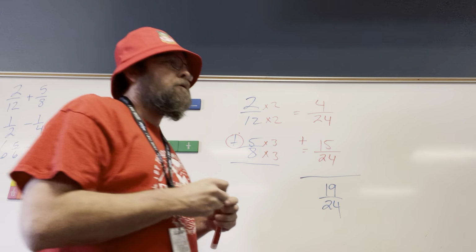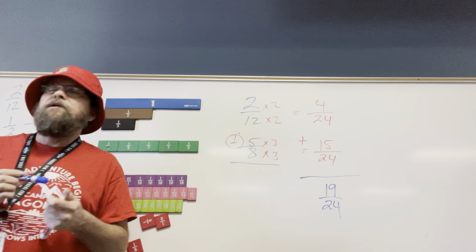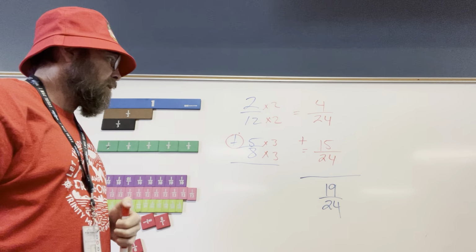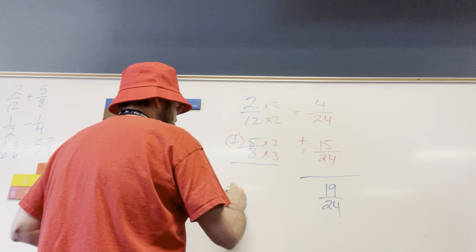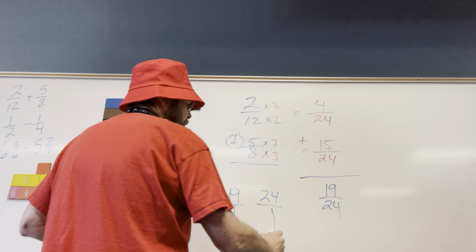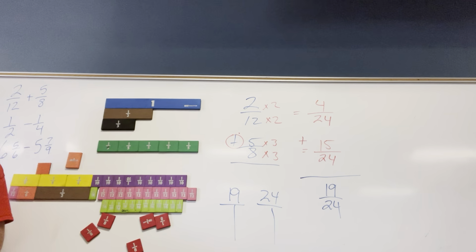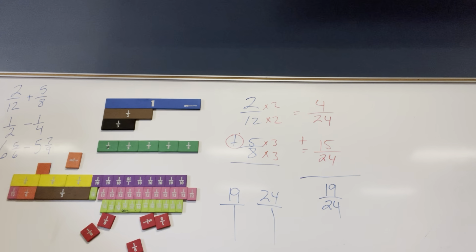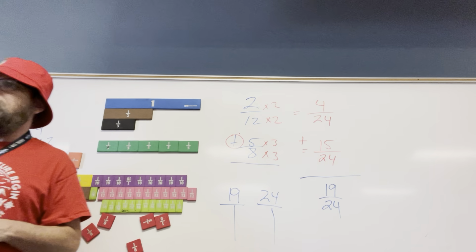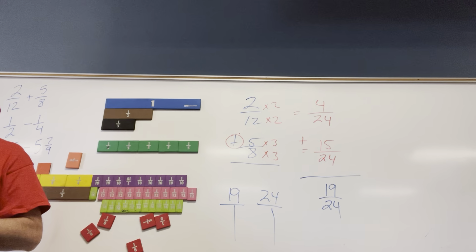Now we're going to check to see if 19/24ths can be simplified. The way you want to do that is we want to take both the numerator and denominator and see if they have a common factor other than 1. So what can I multiply together to equal 19?